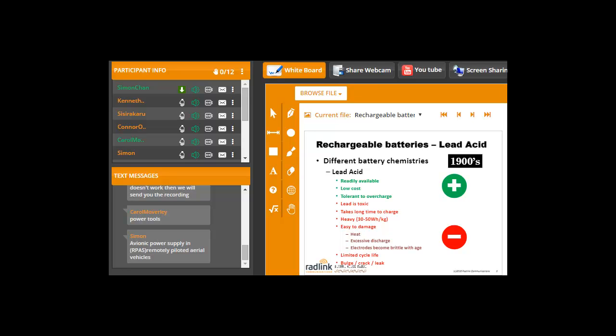Another chemistry that has been quite popular up till recently, and you would have seen them in the early cell phones, in the early portable equipment that we saw, is the nickel metal hydride battery type. Low cost, once again readily available, very good energy to weight ratio, and it was able to deliver a reasonable amount of peak discharge current.